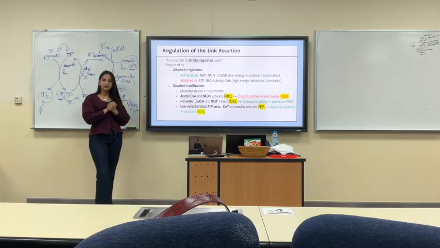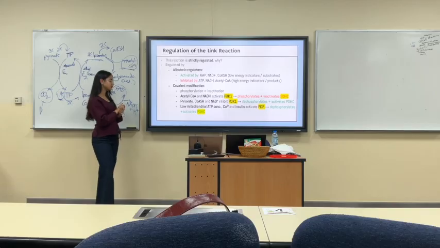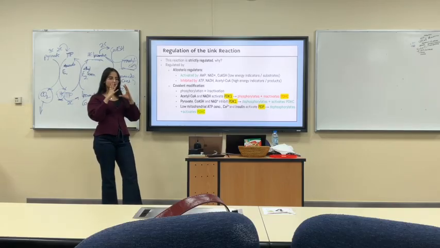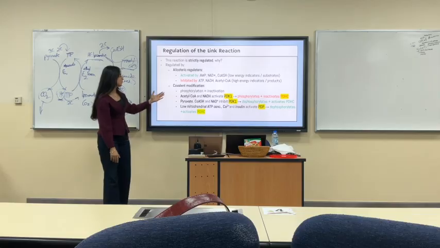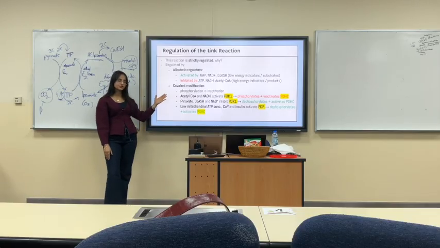Another way for regulation is covalent modification, which means that the enzyme's covalent structure will be modified for it to not work or to work better. Usually when we see phosphorylation, it means inactivation.